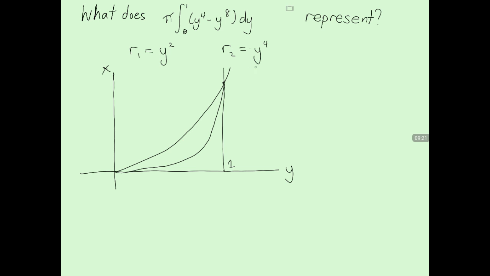And we know this because if we take a smaller number to a higher power, it gets even smaller. So by taking smaller numbers to higher powers, the y to the fourth function should be less than the y squared function.